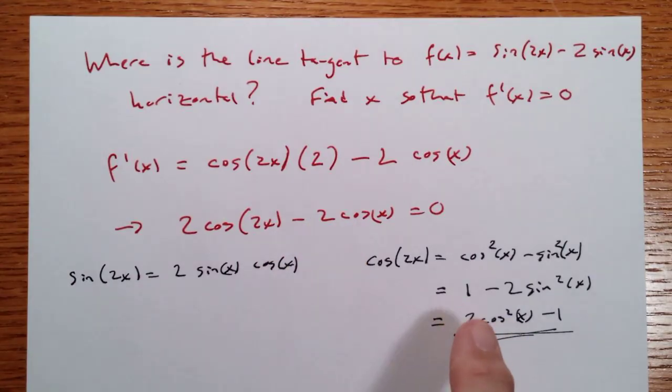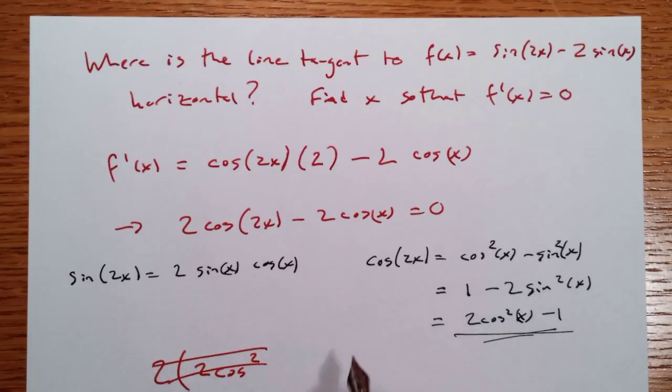So if I make this change, my equation becomes 2 times, cosine 2x, which is 2 cosine squared x minus 1, minus 2 cosine x equals 0.